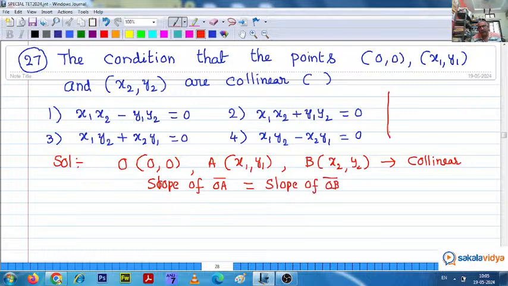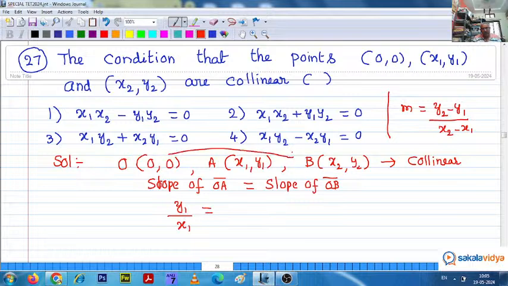So we know the slope formula. What is the slope formula? y2 minus y1 by x2 minus x1. Am I right? So difference of the y coordinates by difference of the x coordinates. So slope of OA is y1 by x1 is equal to slope of OB.